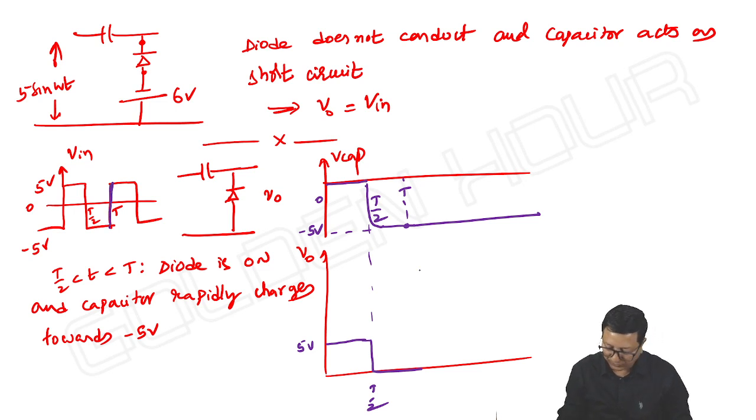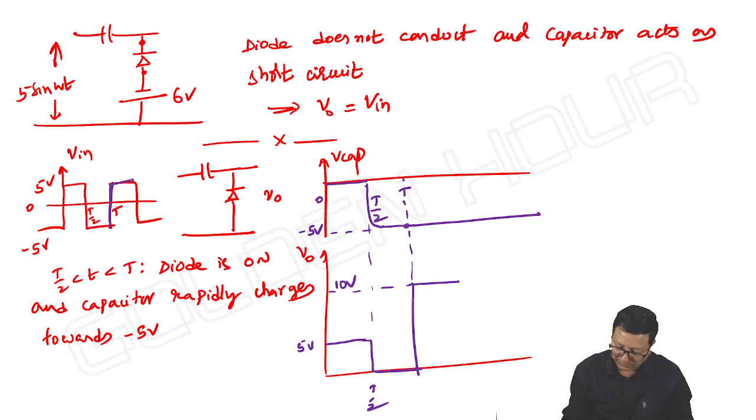So input actually rises from -5 to +5, 10 volts it is rising. The 10 volts rise you can see at the output. Right, and it is constant. Okay, constant means this is also constant. Next, input falls by 10 volts, output also falls by 10 volts. Okay, and the capacitor voltage is at -5 volt, it's not changing.